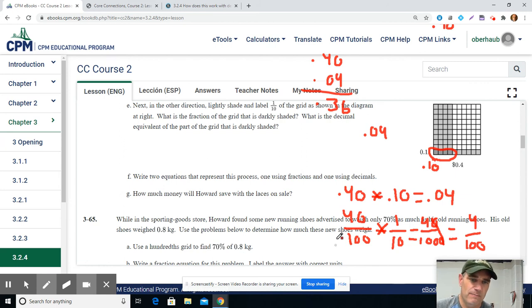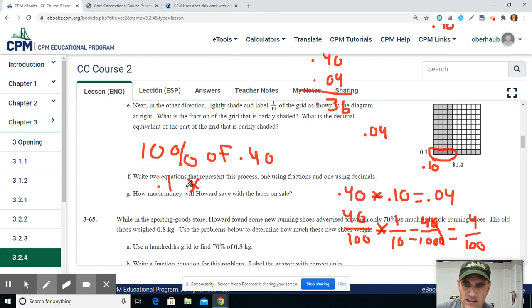4 cents. So when we're doing this double shading like we are here, we're multiplying because we're finding out, really, what is 10% of the 40 cents. That's kind of what we're really doing. And then we turn this 10% into a decimal as 0.1, moving it 2 places to the left.